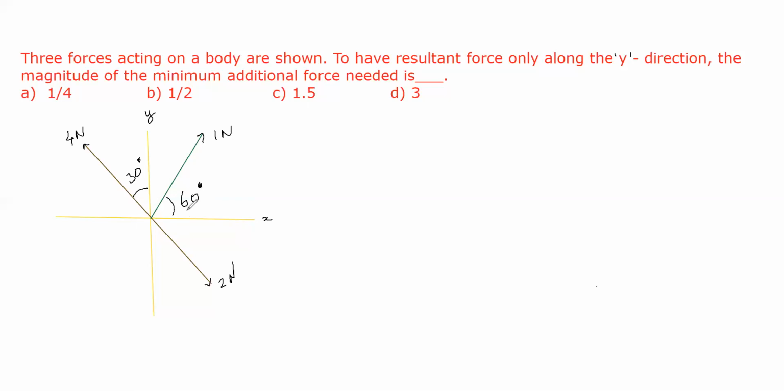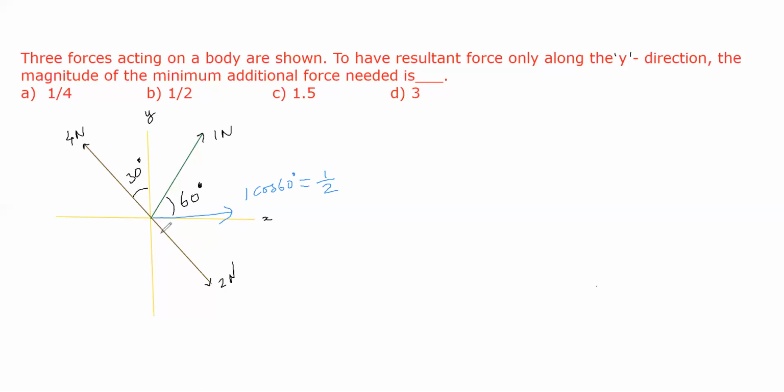See here, this 1 Newton force, if we resolve it along the x-axis, gives 1 into cos 60. Cos 60 value is 1 by 2, so the answer here is 1 by 2. And this 2 Newton force makes this angle.